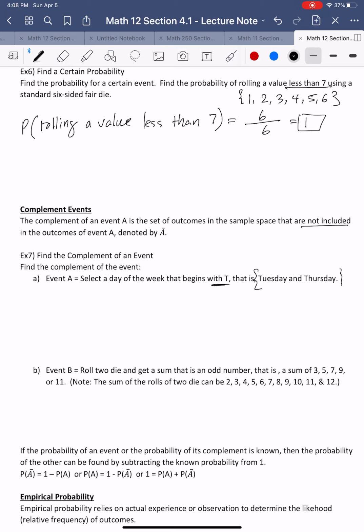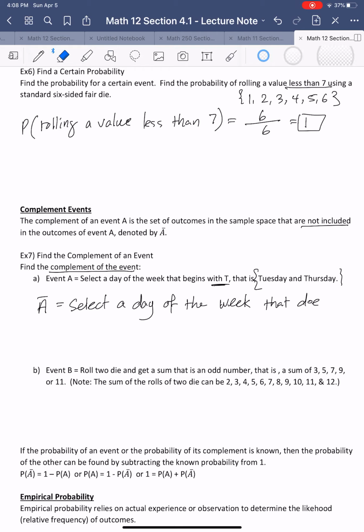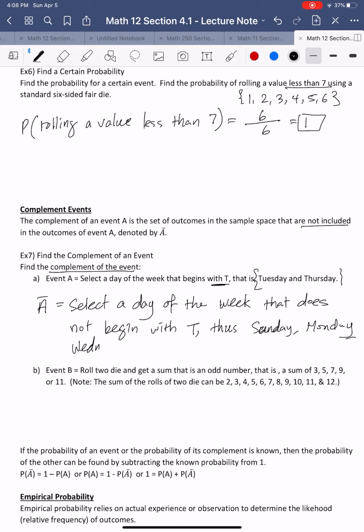So if you want to write down the complement of the event, A bar, it is that we select a day of the week that does not begin with T, which means Sunday, Monday, Wednesday, Friday, and Saturday.